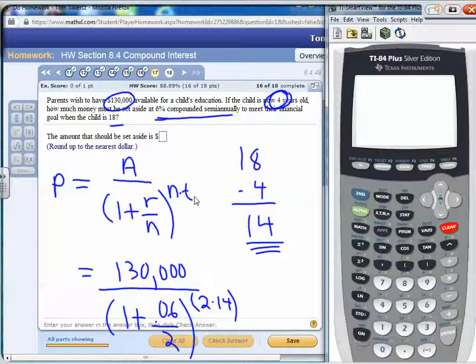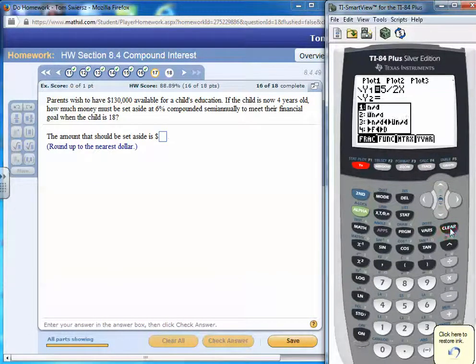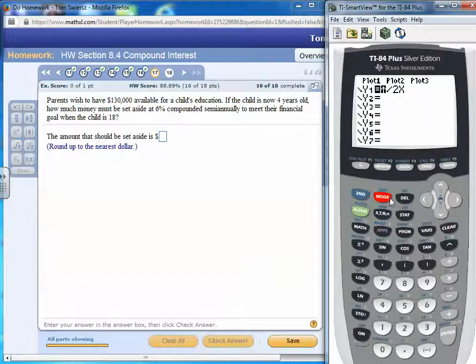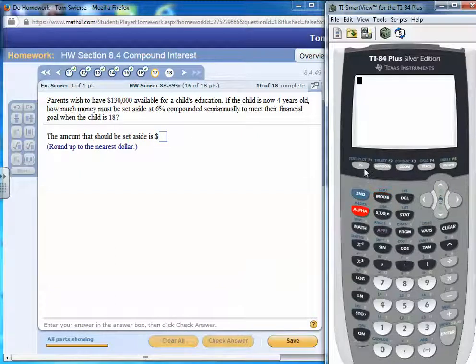If we put that into the calculator, I'll put it in as a fraction so you can see it easier. The numerator is 130,000.